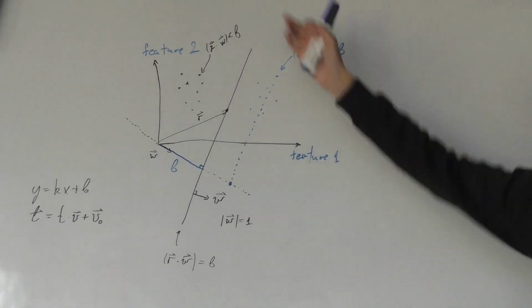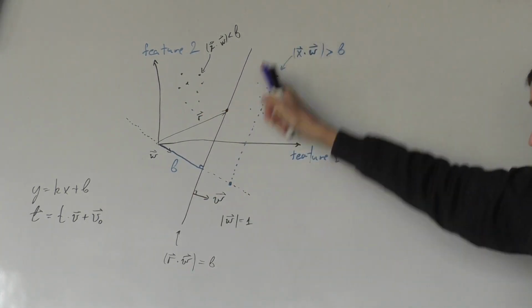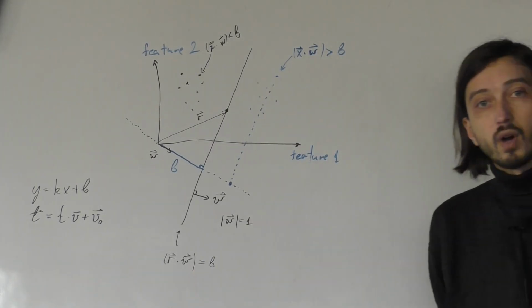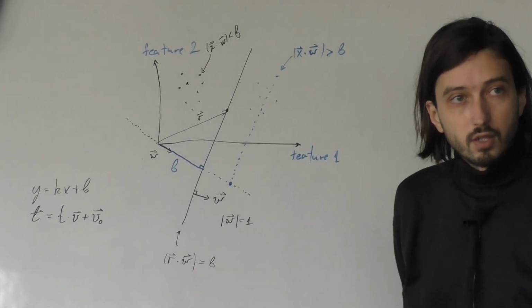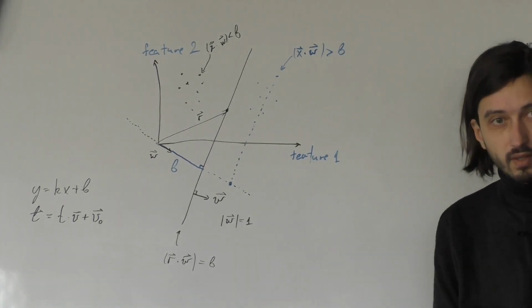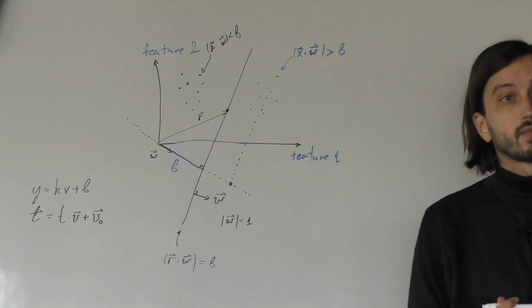So when I have trained my classifier, this was my data set, I have trained it, I have obtained this sort of line, I have parameters of this line. How do I perform so-called inference? So when I'm asking something of my classifier, what should I do?